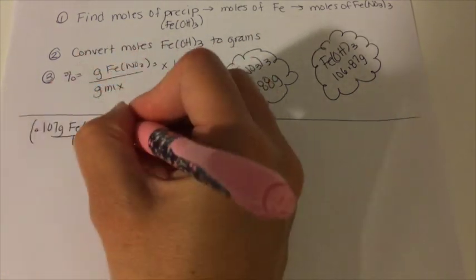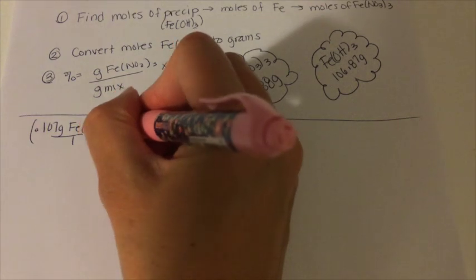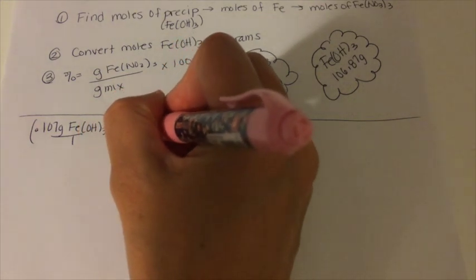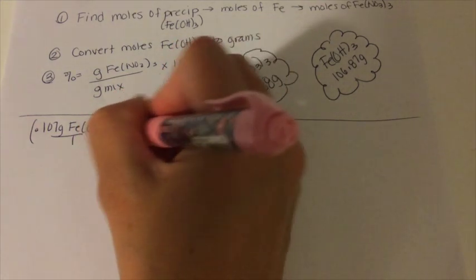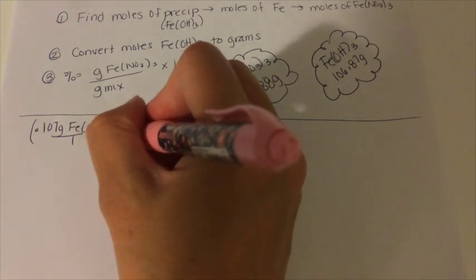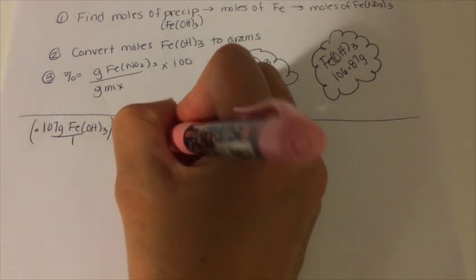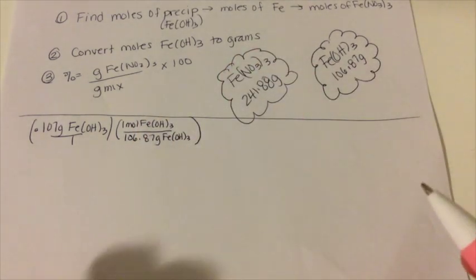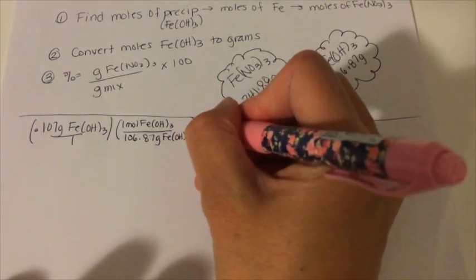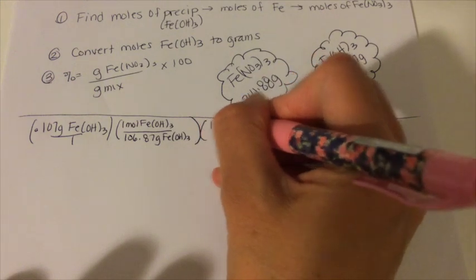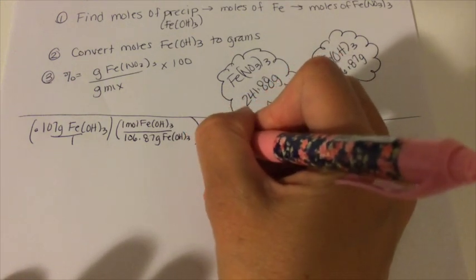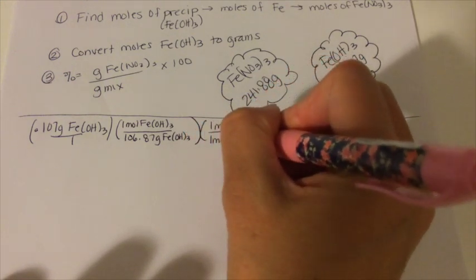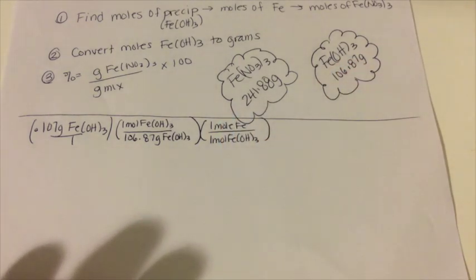We're going to use dimensional analysis, and we're going to say that 1 mole of iron 3 hydroxide has a mass of 106.87 grams. Notice I'm labeling everything. There's 1 mole of iron for every 1 mole of iron 3 hydroxide.